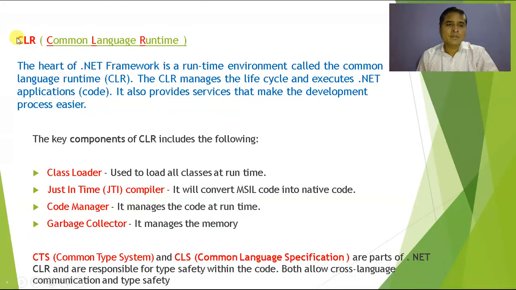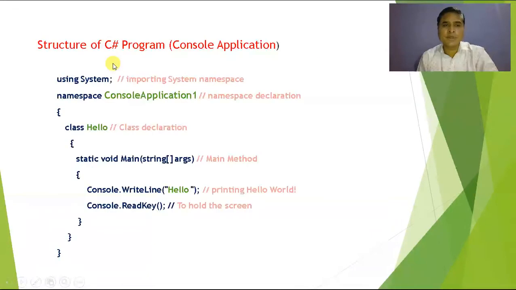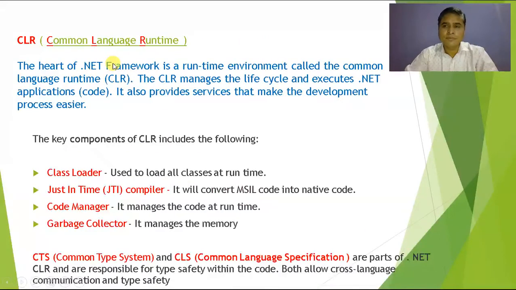I am taking the CLR, the main component. The CLR is the heart of the .NET Framework. It is a runtime environment called Common Language Runtime. The CLR manages the life cycle and executes .NET application code.